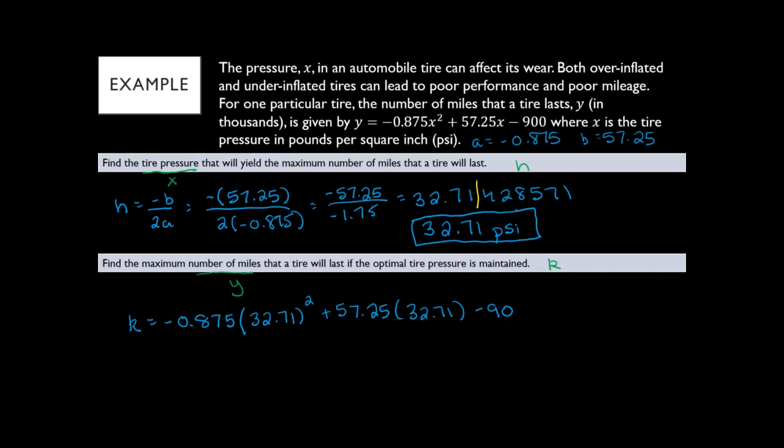And then minus 900. So I need to square the 32.71 first. So it's negative 0.875 times 1069.9441.